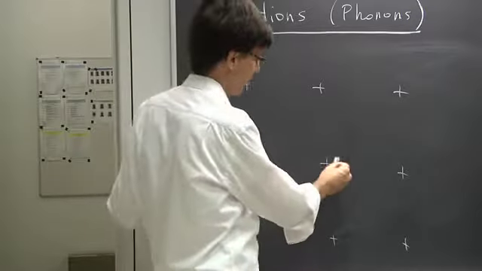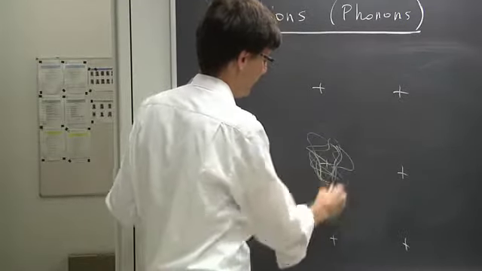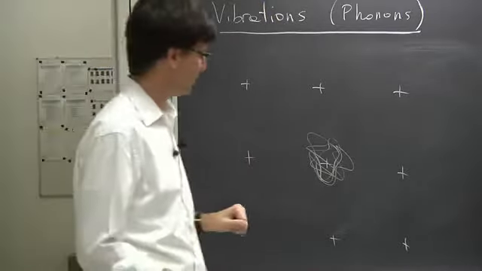So this particle, for example, will be oscillating back and forth, and I'm now drawing here the trajectory of a nucleus at finite temperature.